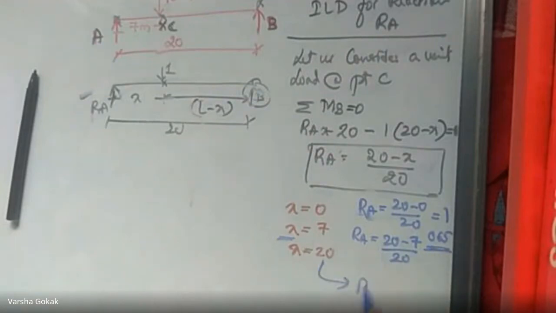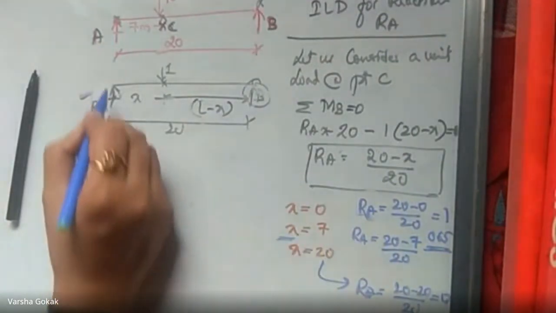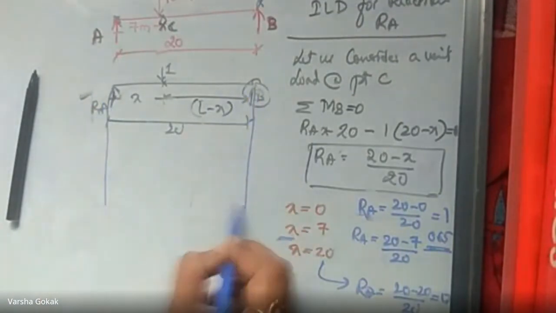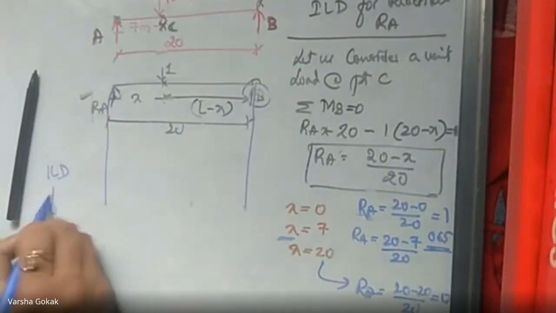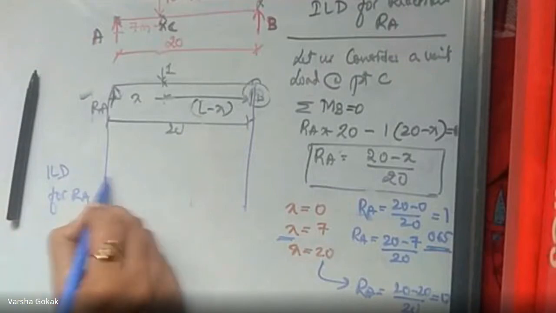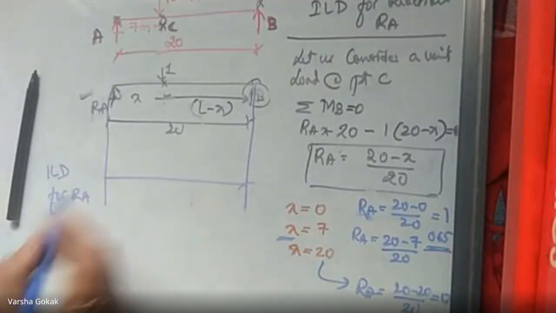Third one, RA here would be 20 minus 20 divided by 20. That makes it 0. So I have the values. At X equal to 0, it is 1. At X equal to 7, it is 0.65. And at X equal to 20, it is 0. So these are your values. So if I draw accordingly, ILD for RA, okay, in this pattern.